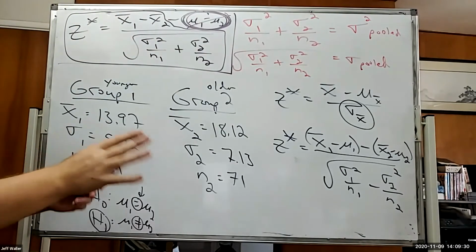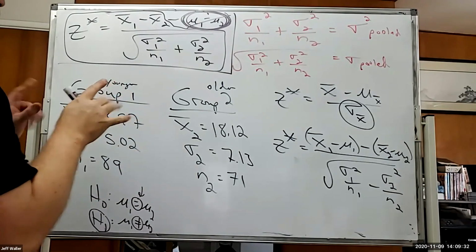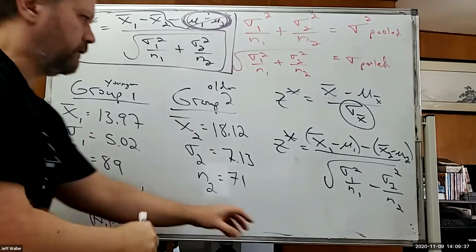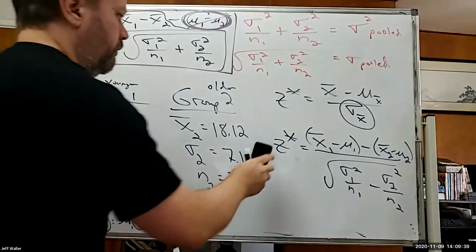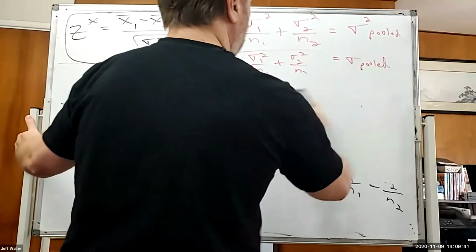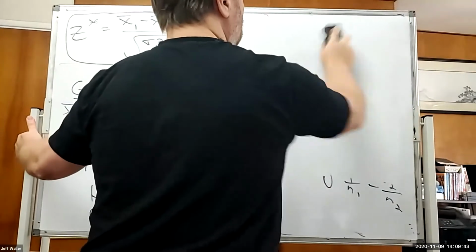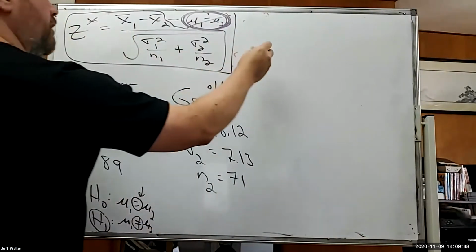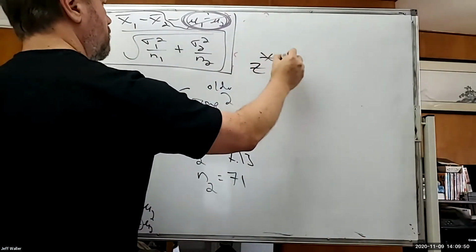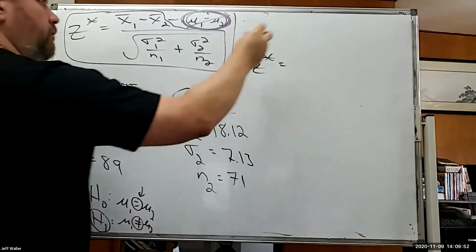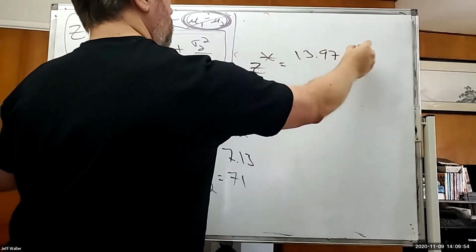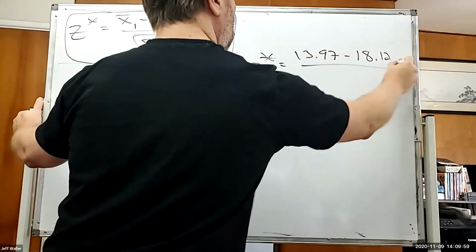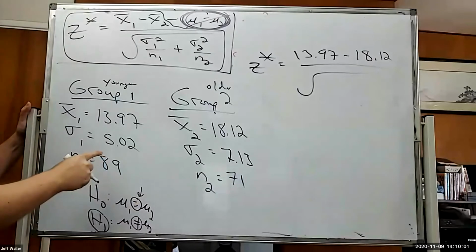So let's try this formula out with this data here. Let's write down what this would look like, and then I'll do it in the calculator with you guys. So just plugging everything into the formula: X bar 1, 13.97, minus 18.12, divided by the square root of 5.02.